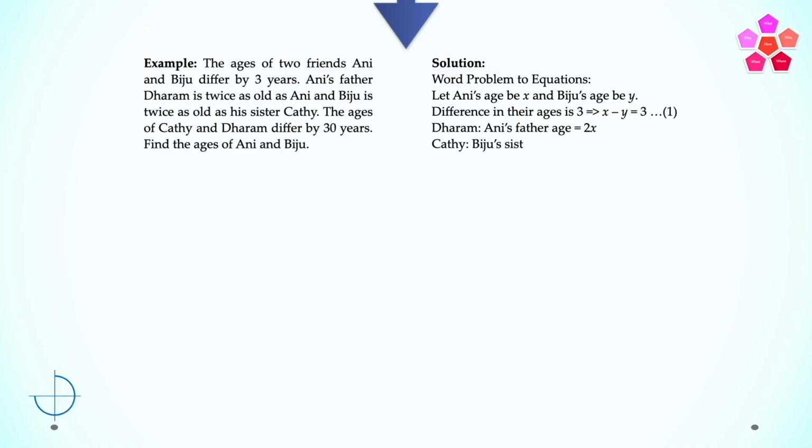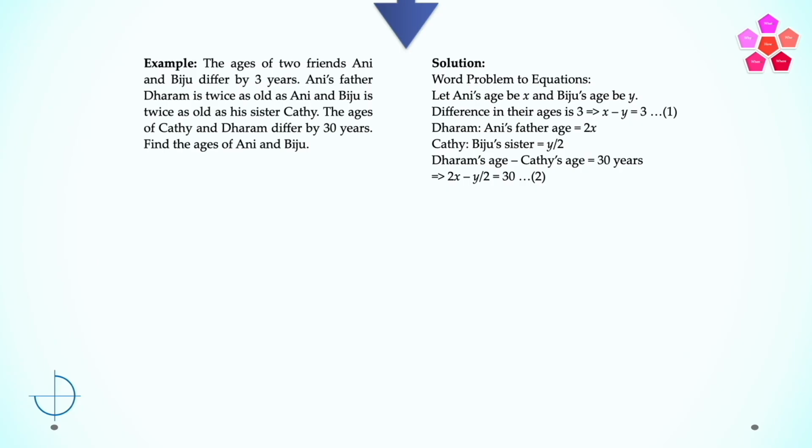Kathy, who is Biju's sister, her age is half of Biju. So, her age is equal to y divided by 2. Now, Dharam's age minus Kathy's age is equal to 30 years as given in the question, which implies that 2x minus y by 2 is equal to 30. This forms our second equation.